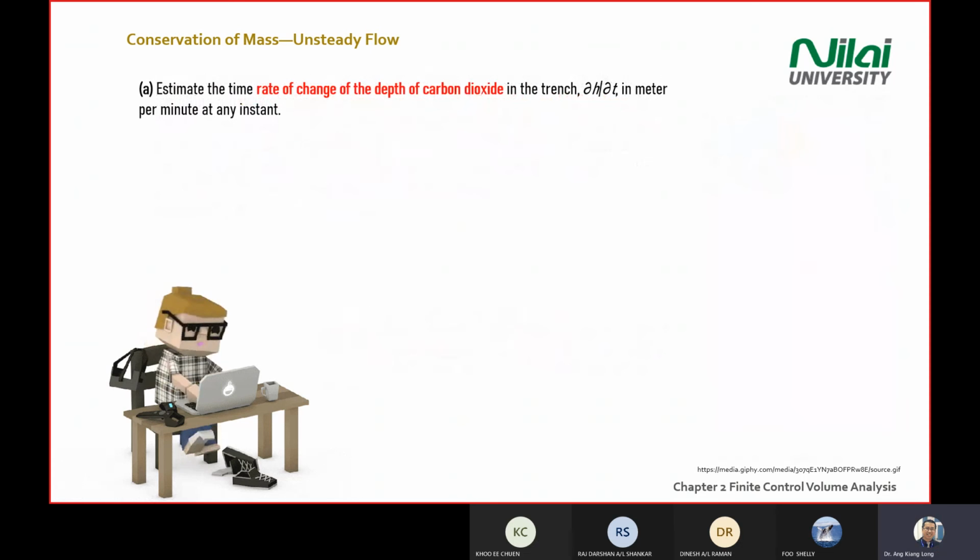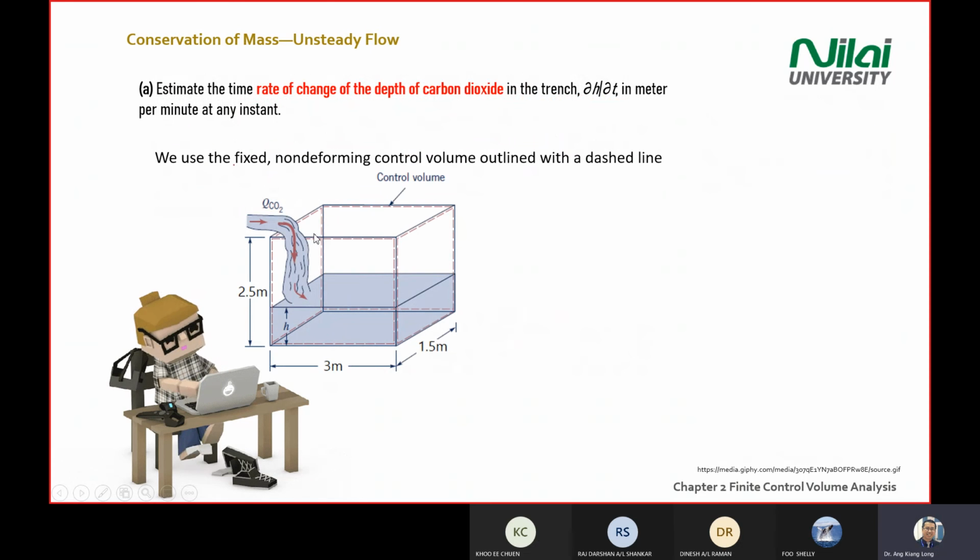So how do we solve this? First, we draw the area or control volume that we have. We have a 1.5 meter height, 3 meter, 1.5 meter length, and the CO2 is flowing into the control volume. This is the H that we need to find. The CO2 is flowing from above and starts filling the volume.